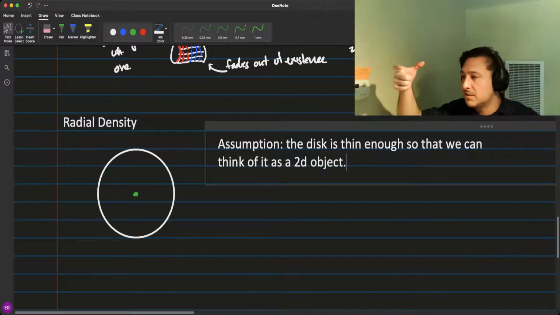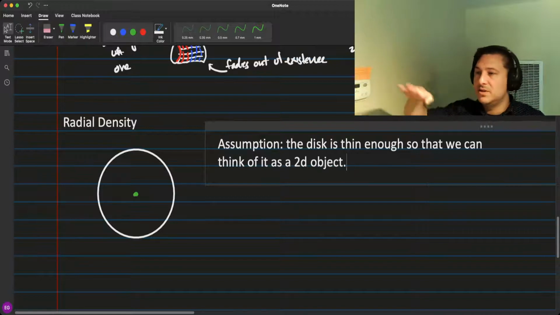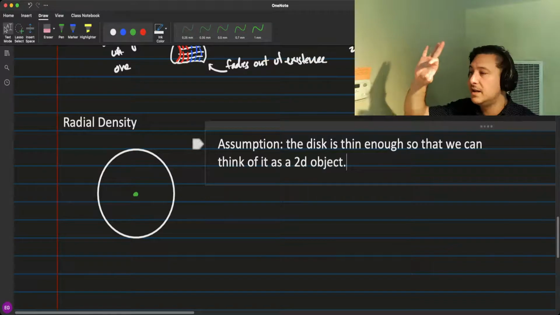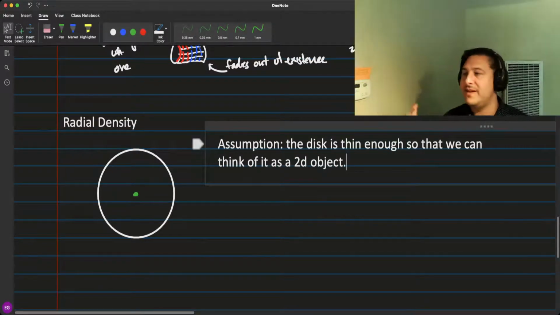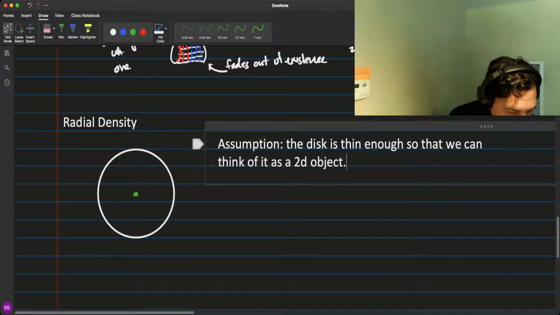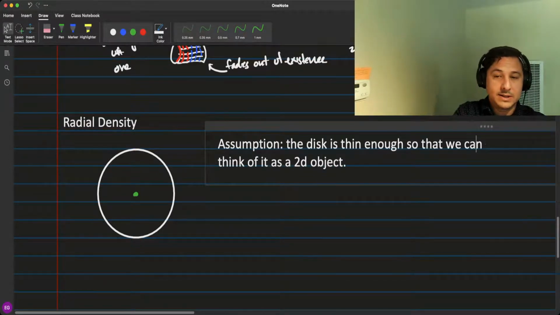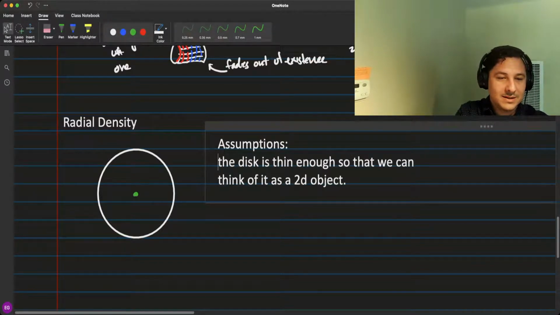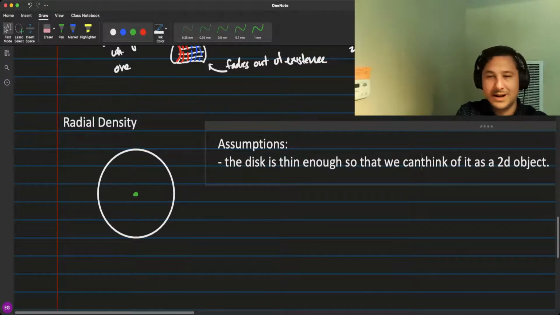Does that make sense? Like you have some sort of hockey puck, but there's so little depth to it that as far as you care, it's just a disc. Sort of like how the rod was pretty close to being a 1-dimensional object. It looks like a line. It's like a fat line. Same idea here. We're also going to assume, actually we have several assumptions here. Let's put assumptions. The disk is thin enough so that we can think of it as a 2D object.